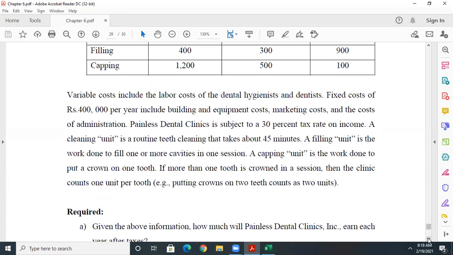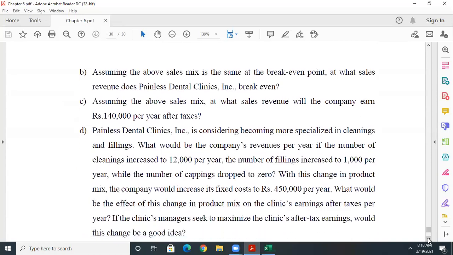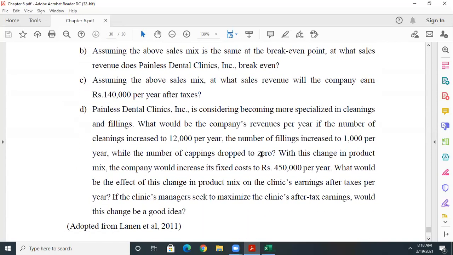Okay, so it's about dropping a particular product. What would be the company's revenue per year if the number of cleaning increased to 12,000 per year, the number of filling increased to 1,000 per year, while the number of capping dropped to 0?